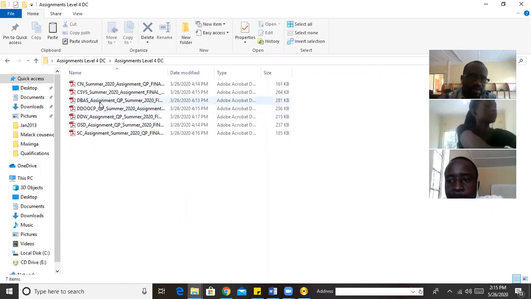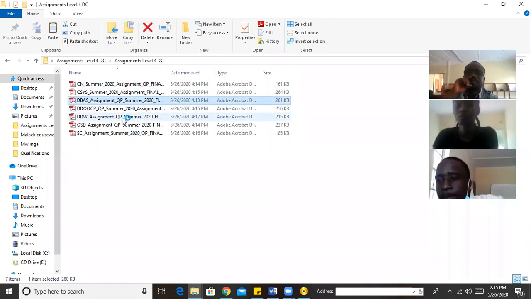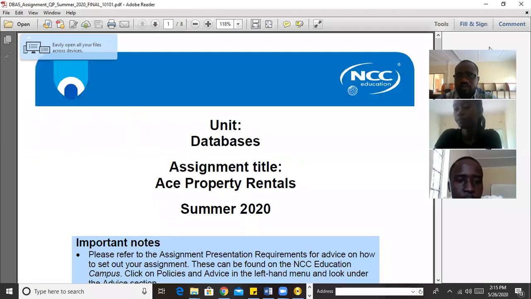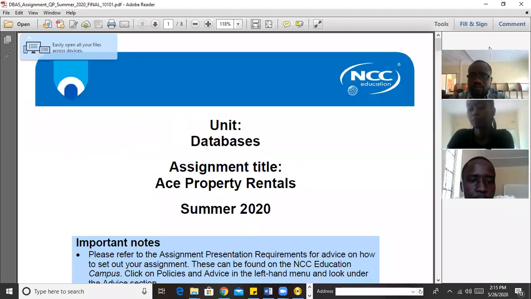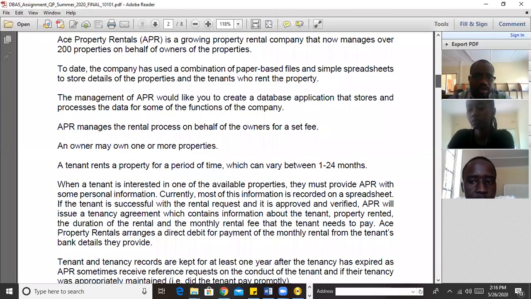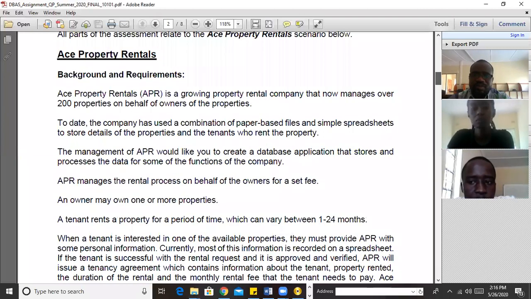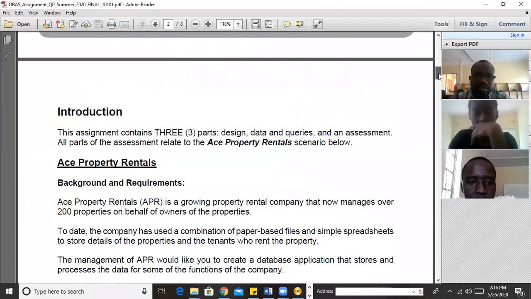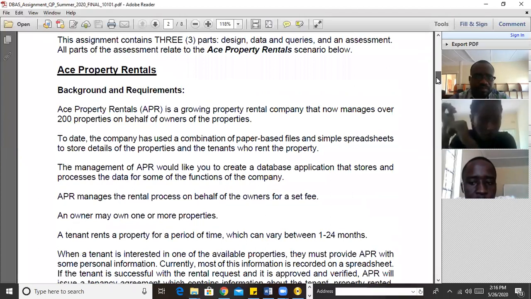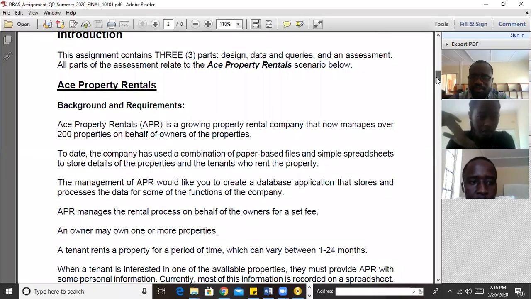This is the database. So the introduction. Lulu, can you read out the introduction for this assignment?